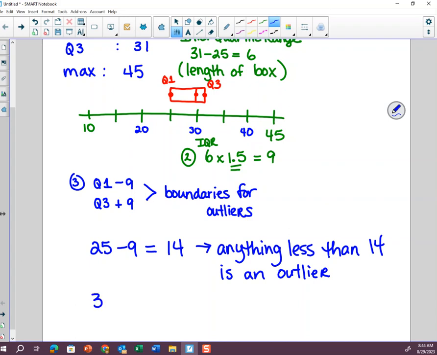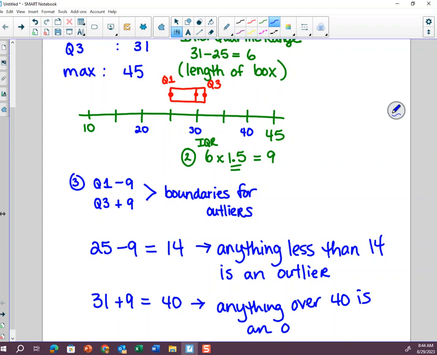On the other side, 31 plus 9 is 40. Anything over 40 is an outlier. Okay.